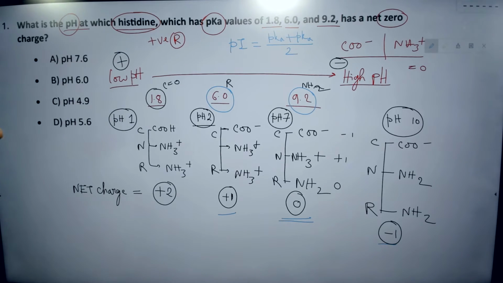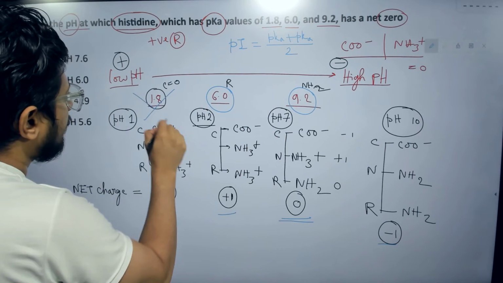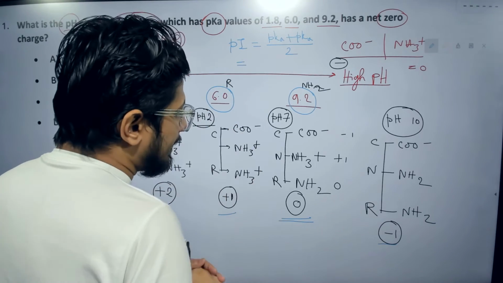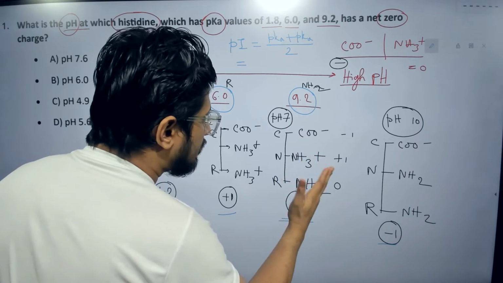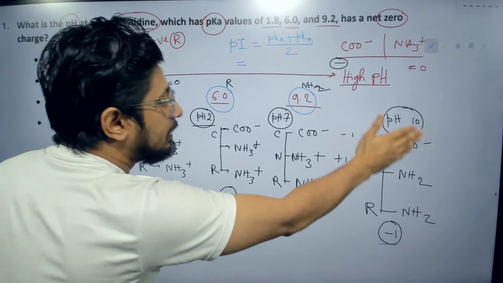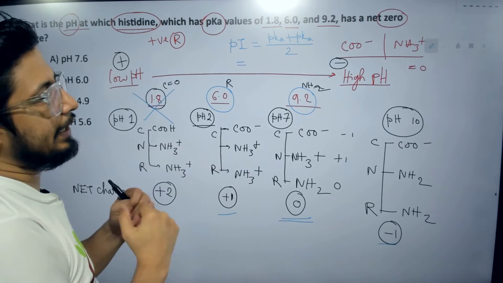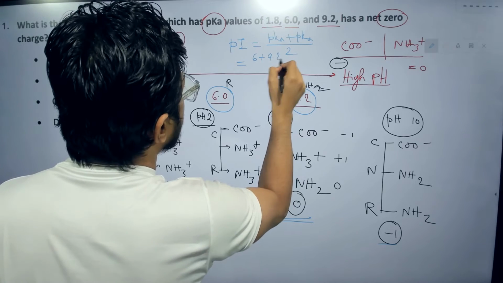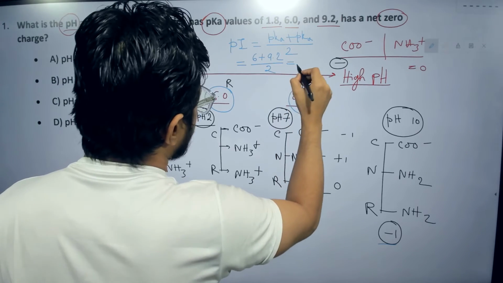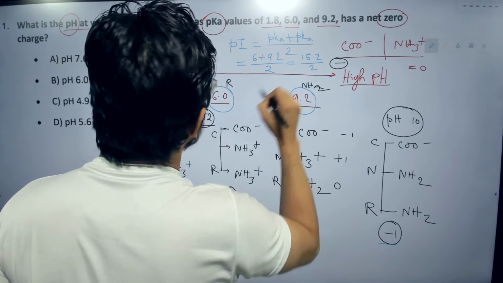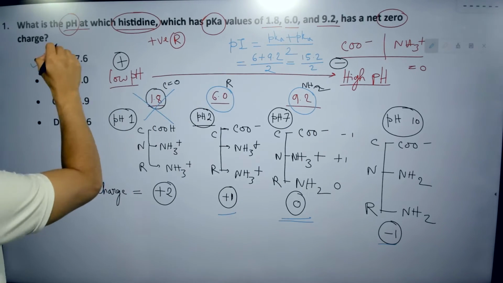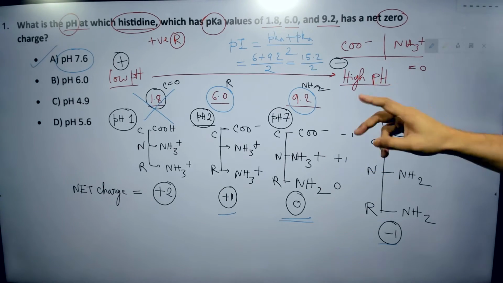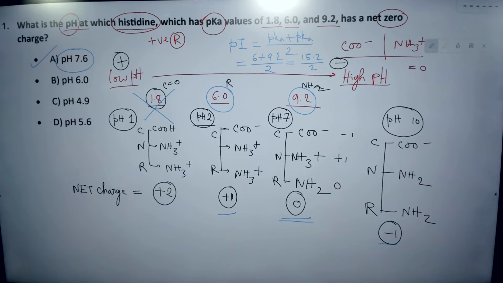So we must take these 2 pKs and avoid pK 1.8. Why did we avoid it? Because we take the pK value before and the pK value after the net charge 0. Here the first pK value was 6 and the next pK value was 9.2. So 15.2 divided by 2 is 7.6. So the pH value, I mean the pI value, is 7.6. So 7.6 should be the correct answer.